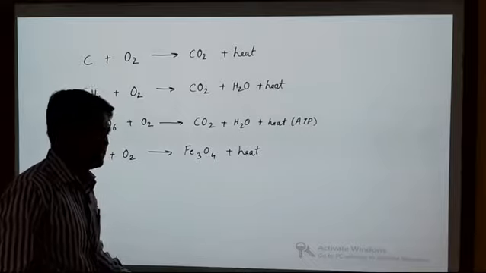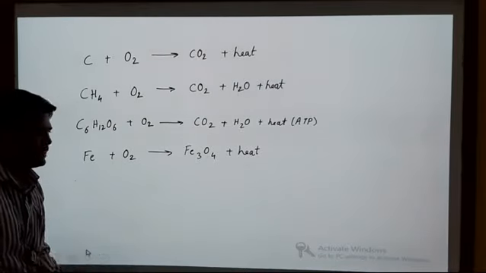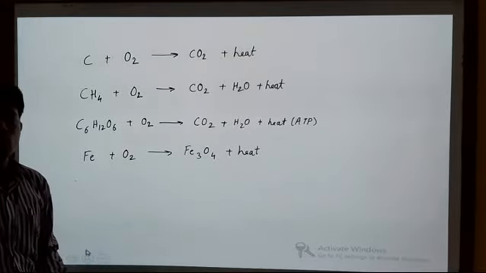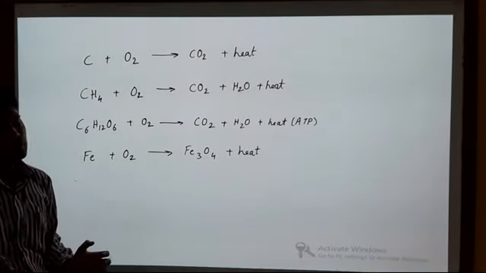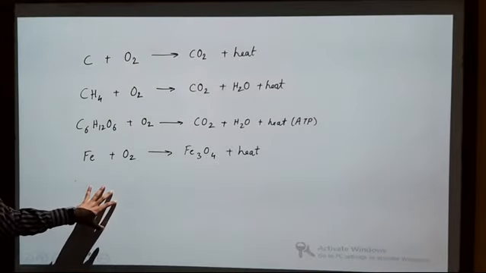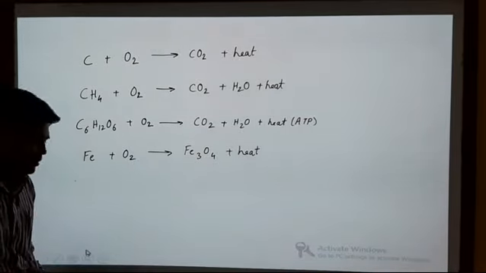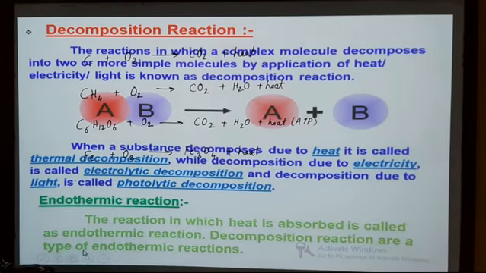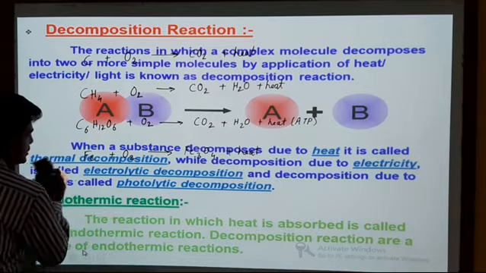But in reality, there is evolution of heat and formation of rust. So rusting of iron is also a type of slow combustion reaction. So this is all about combustion reaction and combination reaction. Now students, we are going to see the next reaction, that is decomposition reaction.